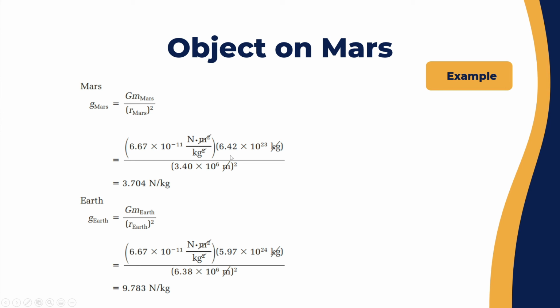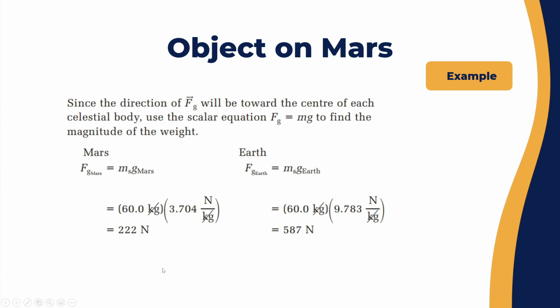We know all these values, plug them in, you get 3.7 newtons per kilogram. And for Earth, g Earth equals 9.7 newtons per kilogram. We are not done yet. We need to find the Fg, which is m times g on Mars. That would give you the weight of the object on Mars to be 222 newtons.